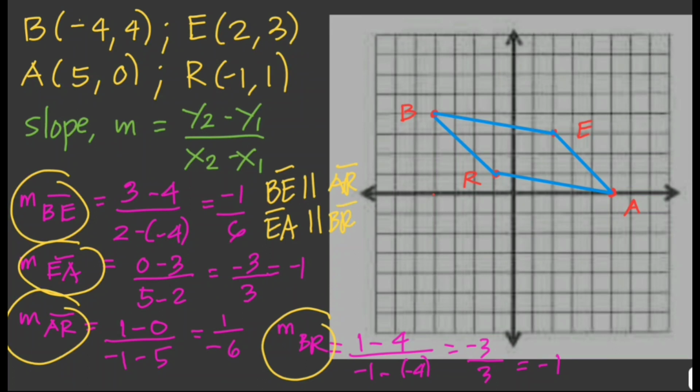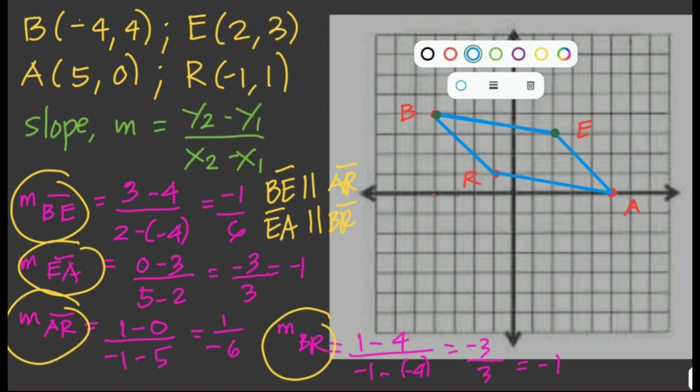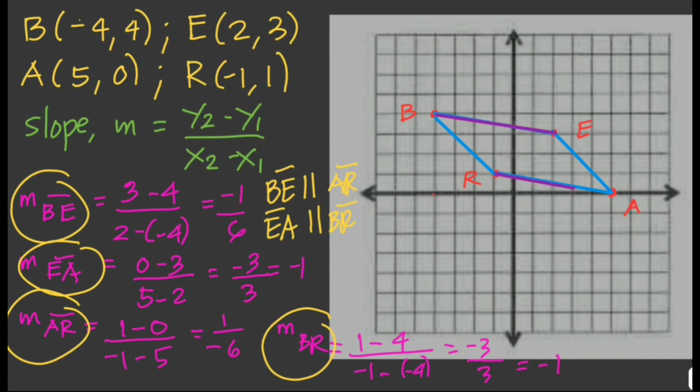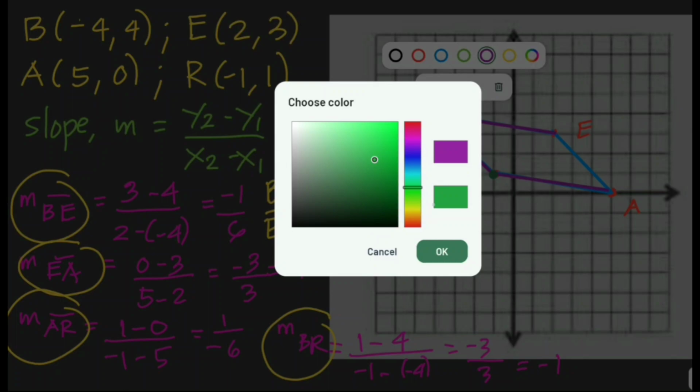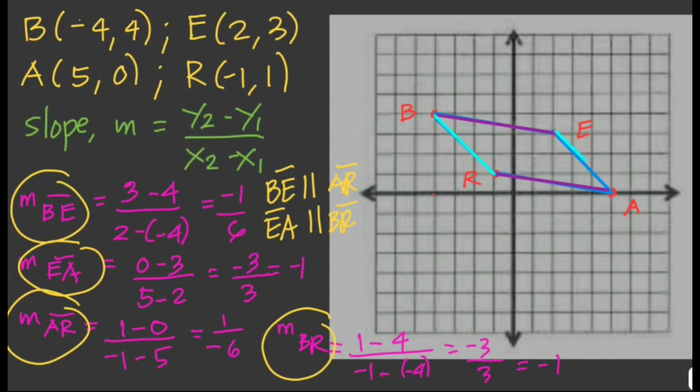Now let's draw a line here for BE and AR in a different color to show that they are parallel. BE and AR. And then for BR and EA, you can use another color here. So what's this one?